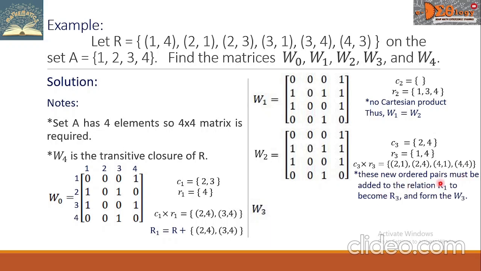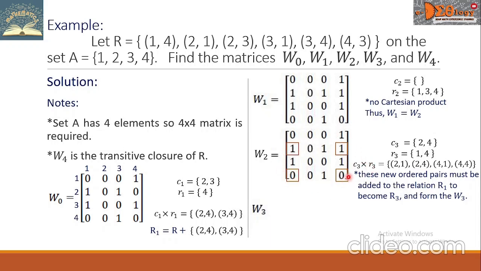These new ordered pairs must be added to the relation R sub 1 to become R sub 3. Take note that we skip the R sub 2 because R sub 2 is the same with R sub 1. We will write here the subscript 3 to conform with our W sub 3. Considering the ordered pairs of this Cartesian product, let us identify the seats of these pairs in our matrix.